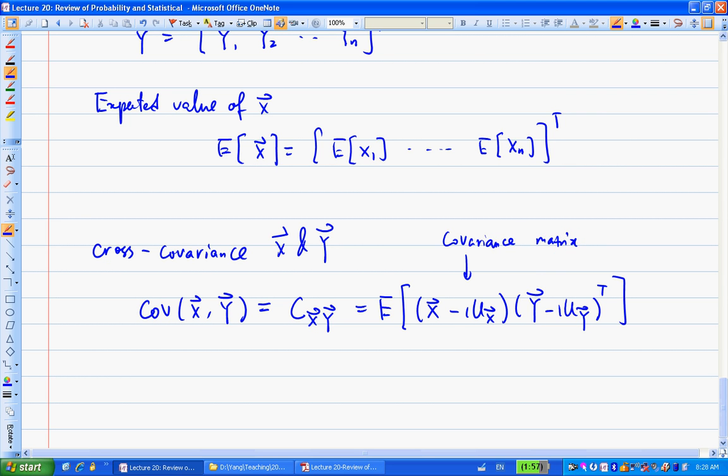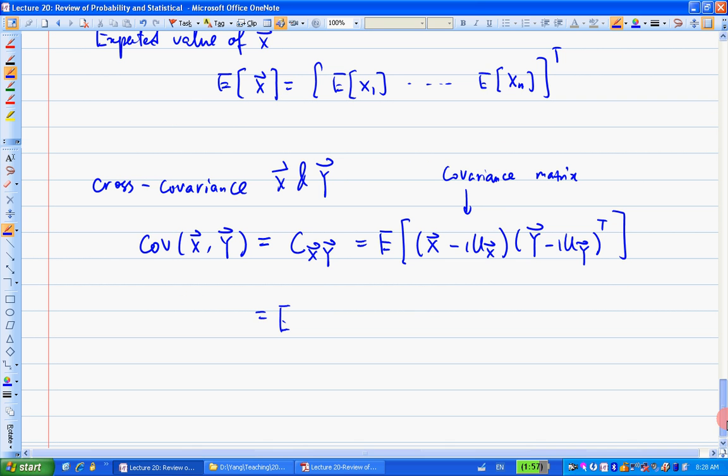So if I expand this chunk here, what does that look like? If I expand this, then that's E of a matrix. The first element is just, basically, replacing all those things with the vector x1, x2 to xn and y1, y2 to yn.